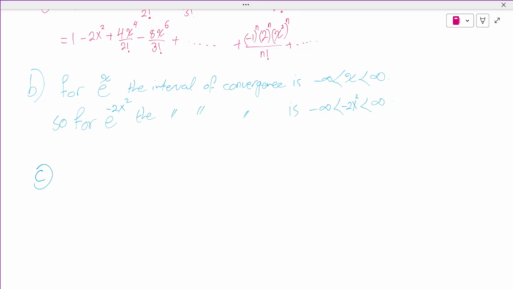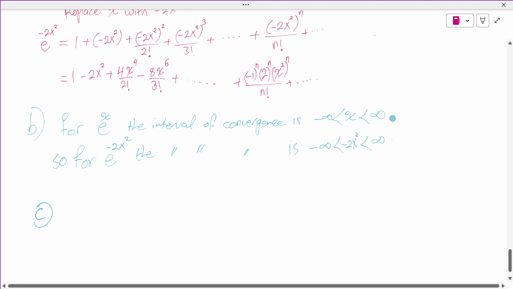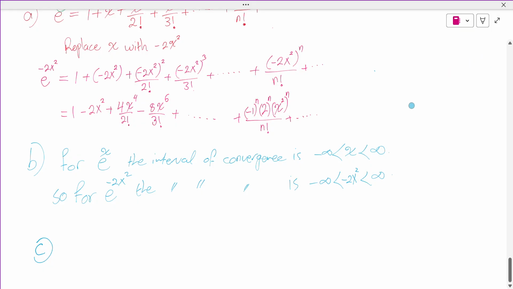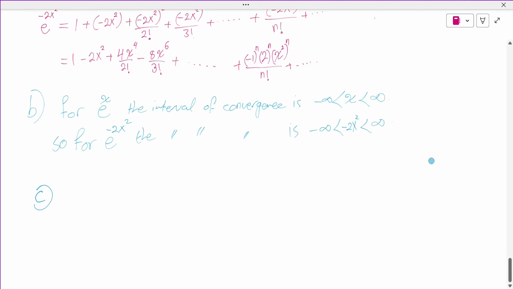So for part C, if we apply the ratio test in the second part, okay, so what do we do here?